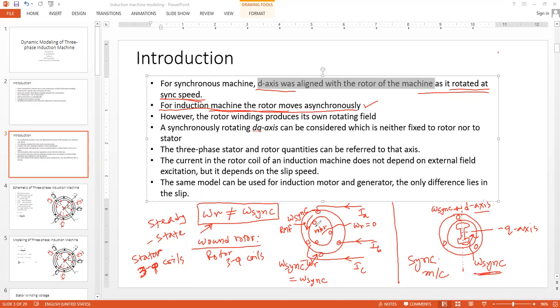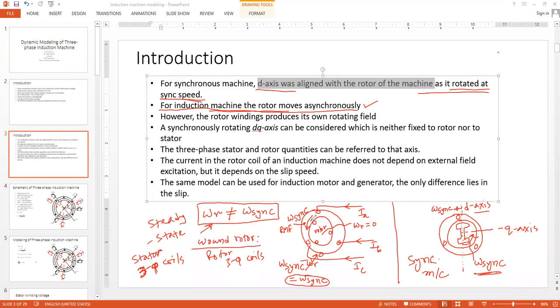Once those coils are shorted, there is a closed path for the induced voltage to drive current through the rotor coils. Because of that rotor current, the rotor would start to get a force, motor action, on the conductors. Due to Lenz's law, the force direction would be such that this relative speed gets reduced.